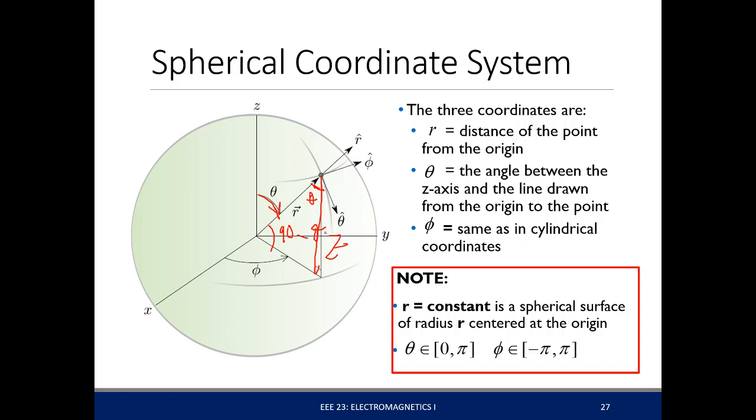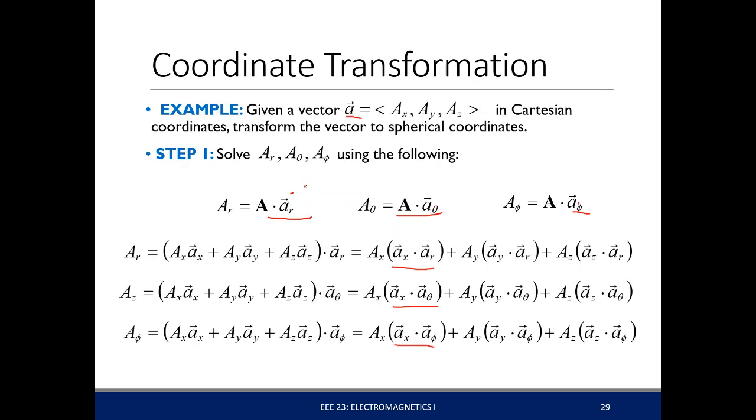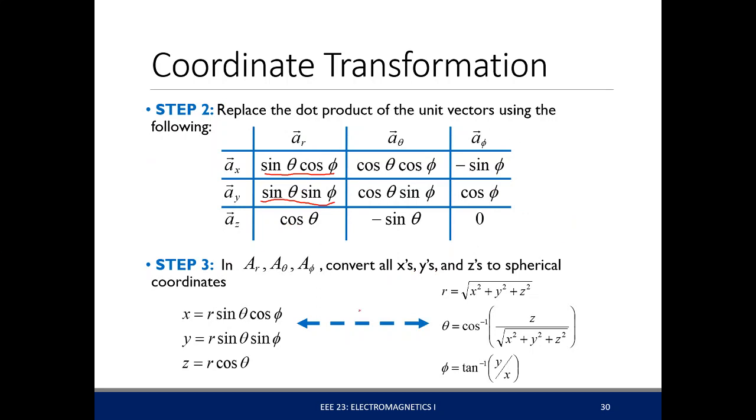Therefore, if you get the dot product between r and z, r dotted to z is equal to r hat magnitude 1, z hat magnitude 1 times cosine of the angle between them, which is theta, and you'll get this theta right here. And actually, you can do the same procedure with a theta and a phi. Knowing that a phi is perpendicular to az, you'll get 0 between their dot products.